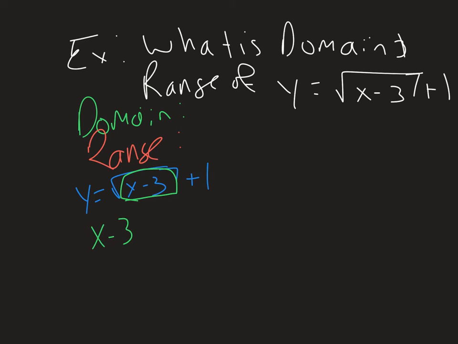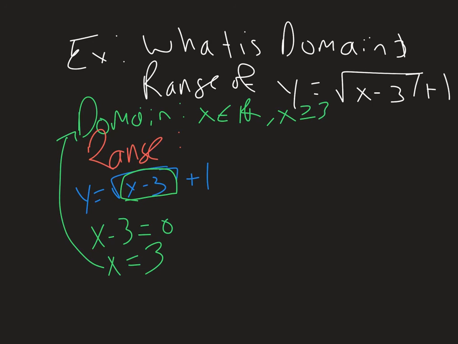So x minus 3 is equal to 0. That'll tell me what my smallest value is, because at the least, it can be 0. It can't be negative. So this would tell me x has to equal 3. That's the smallest value. So x can be a real number, and x has to be greater than or equal to 3. It can be any real number so long as it's equal to 3 or bigger. There, I'm done with domain.